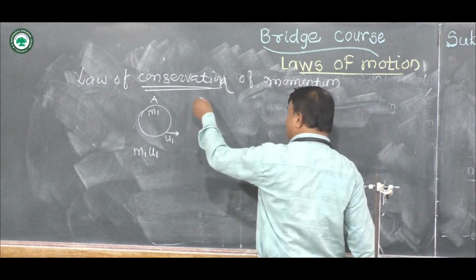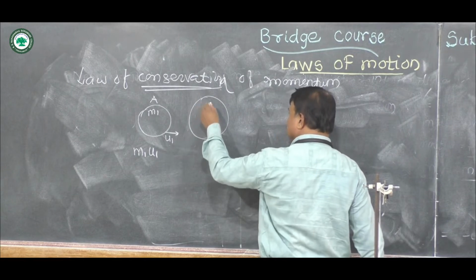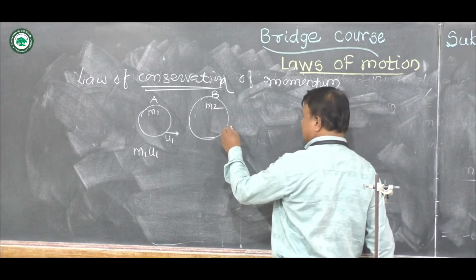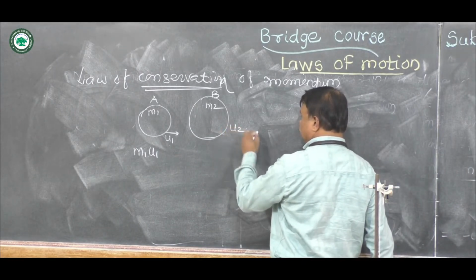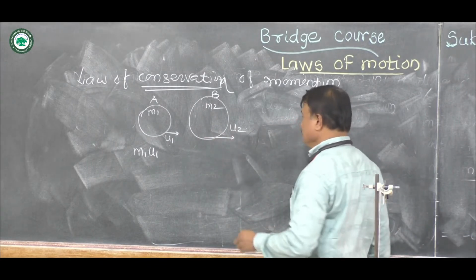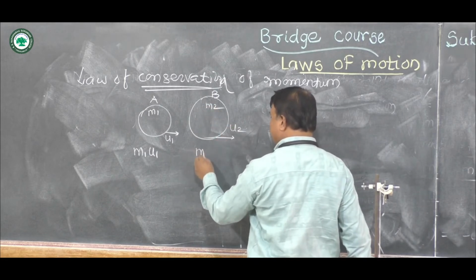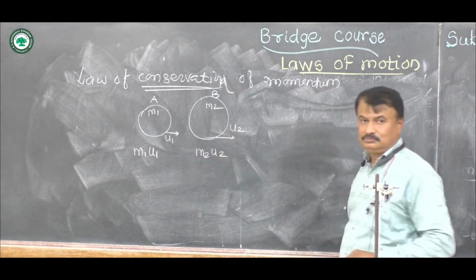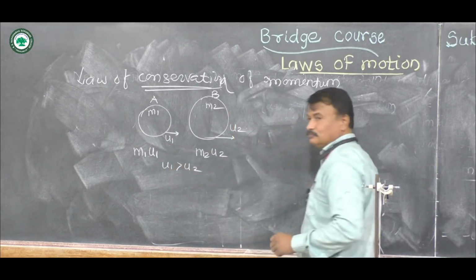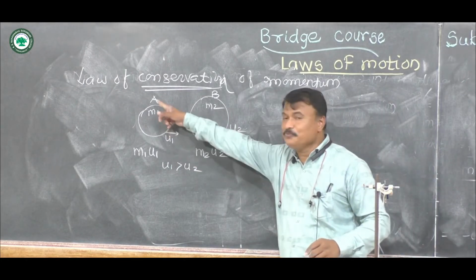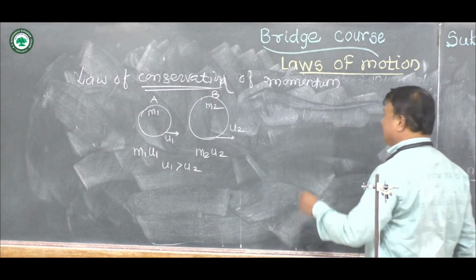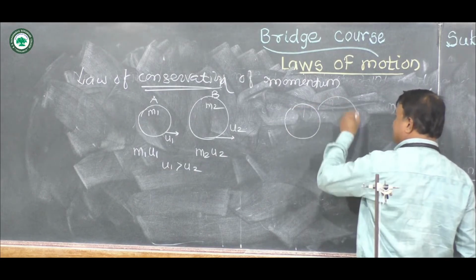If you consider another body B of mass m2, and its velocity is u2, also moving in this direction, then momentum of second body is m2 u2. But this u1 is greater than u2. This velocity of body A is greater than velocity of body B. After some time, body A collides with body B.